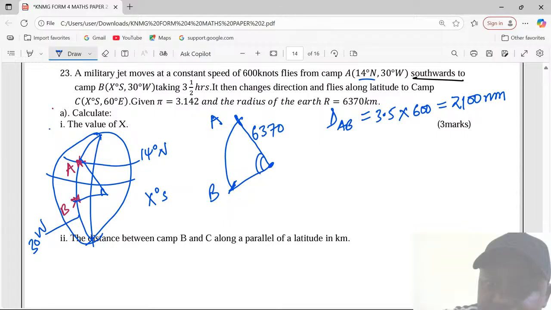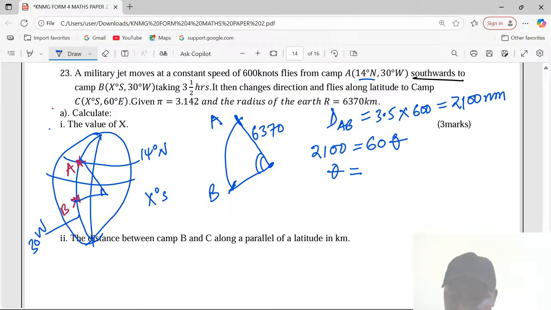Along a great circle, distance is given by 60 times beta, the angle difference. So the angle difference, when we divide 2100 by 60, sorry, we'll get 35 degrees.